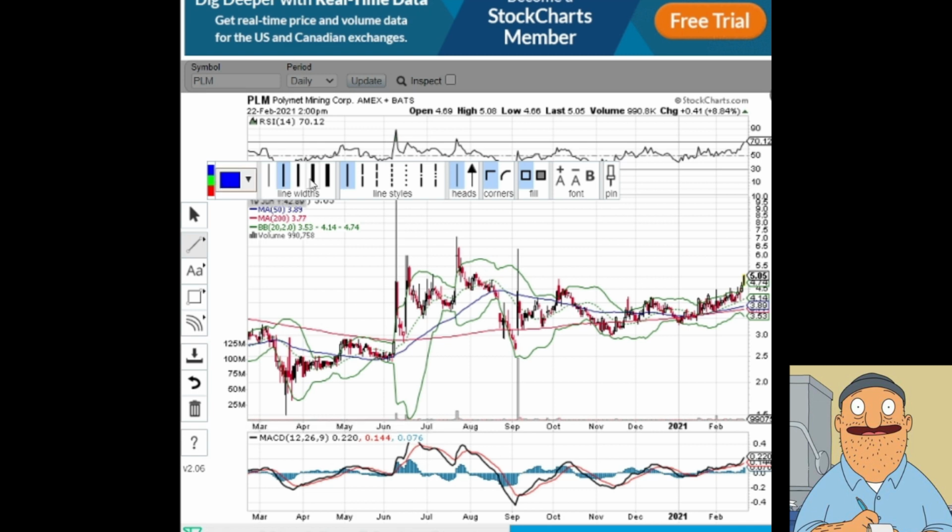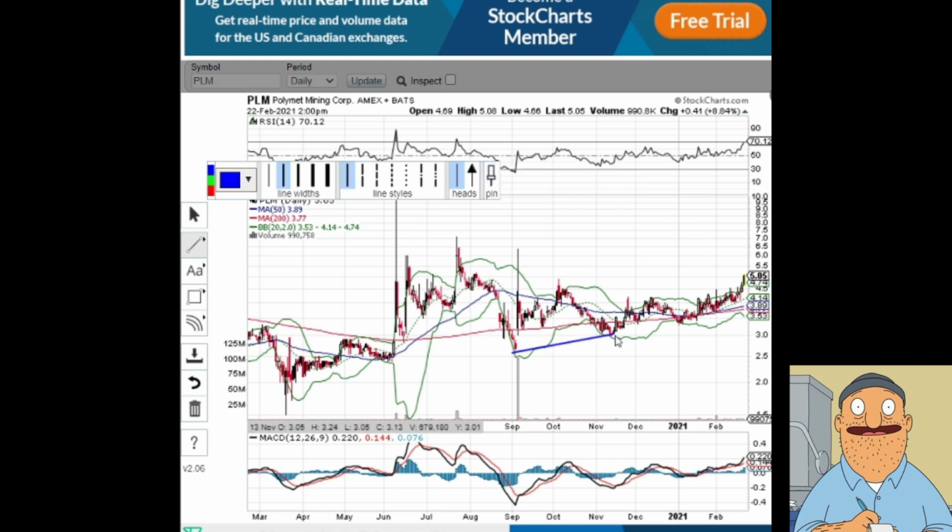You can determine if you want it thicker, any of this kind of stuff. But basically all you're going to do is find where the stock has been bouncing off of. We can find one right here, and then one right here where the stock has hit and then reversed upwards. So you start on one of them, and then you can find the next one.